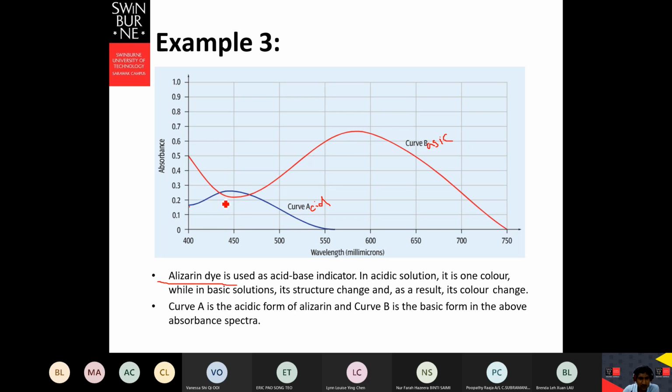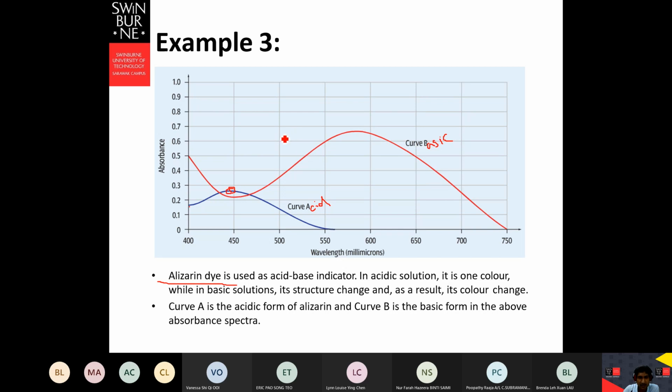So what color should we be seeing in our eyes for curve A, acidic medium? Here it is absorbing 450, 440, 445, something.